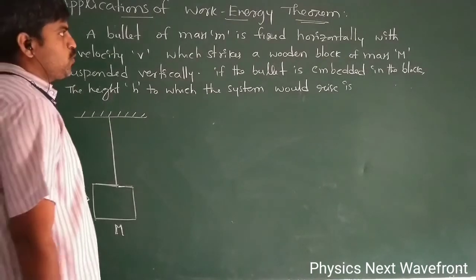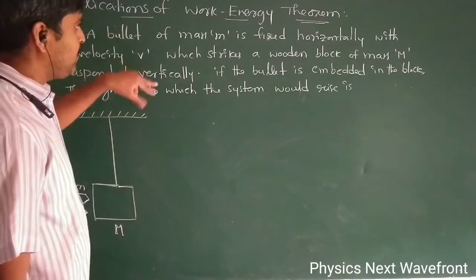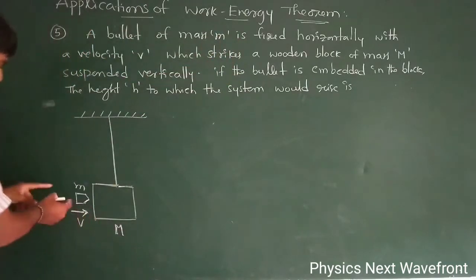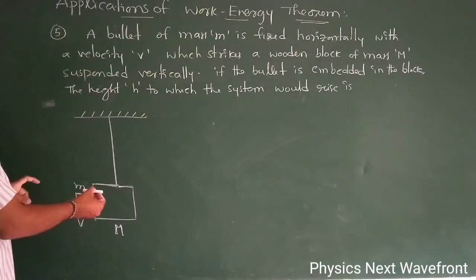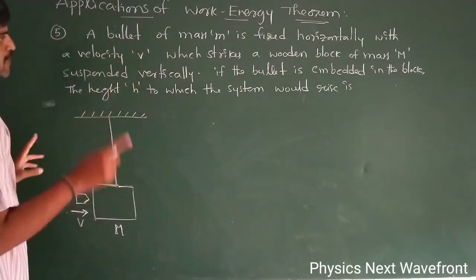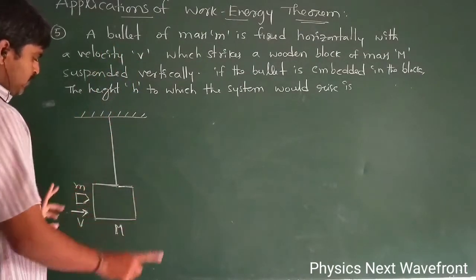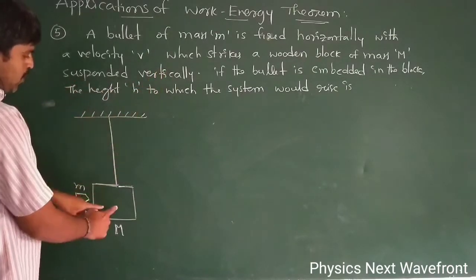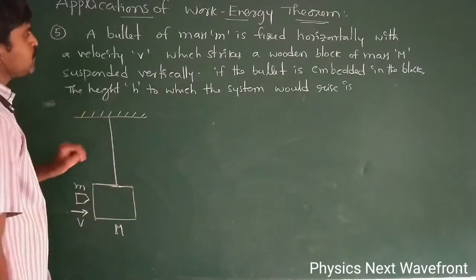Now the question: a bullet of mass m is fired horizontally with velocity v, which strikes a wooden block of mass capital M, suspended vertically.